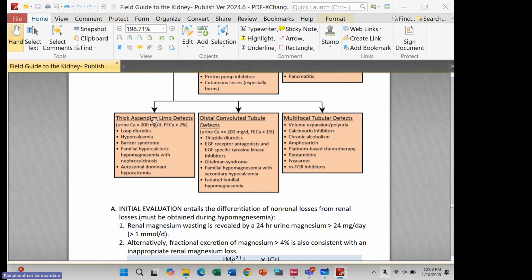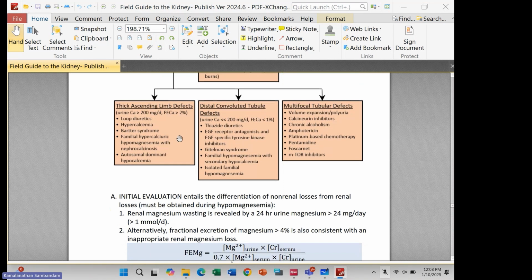Notice that there is a decision point regarding where the defect lies surrounding urine calcium excretion rates. That should also look familiar to you when we discussed K wasting. Urine calcium is one of the ways that you discriminate between thick ascending limb defects, i.e., Bartter syndrome, versus distal convoluted tubule defects, i.e., Gitelman syndrome.